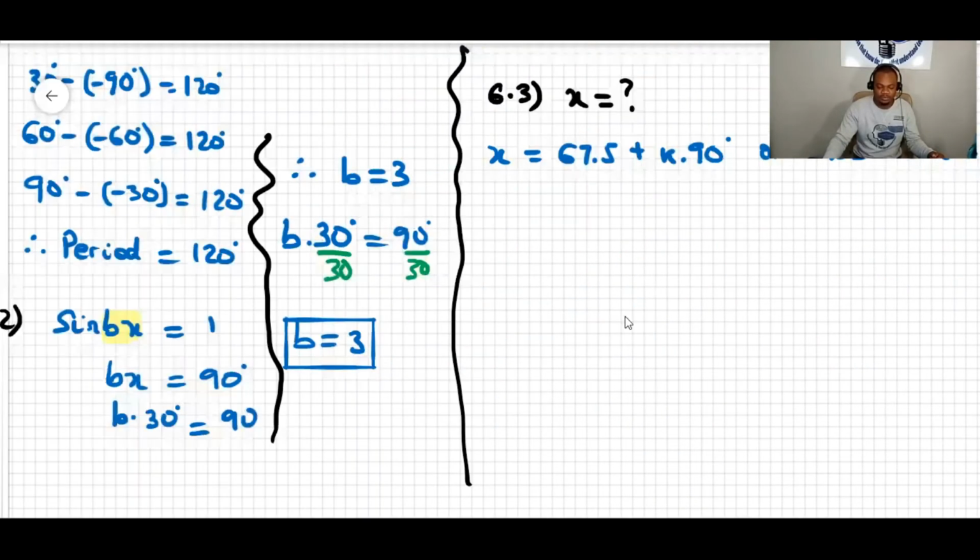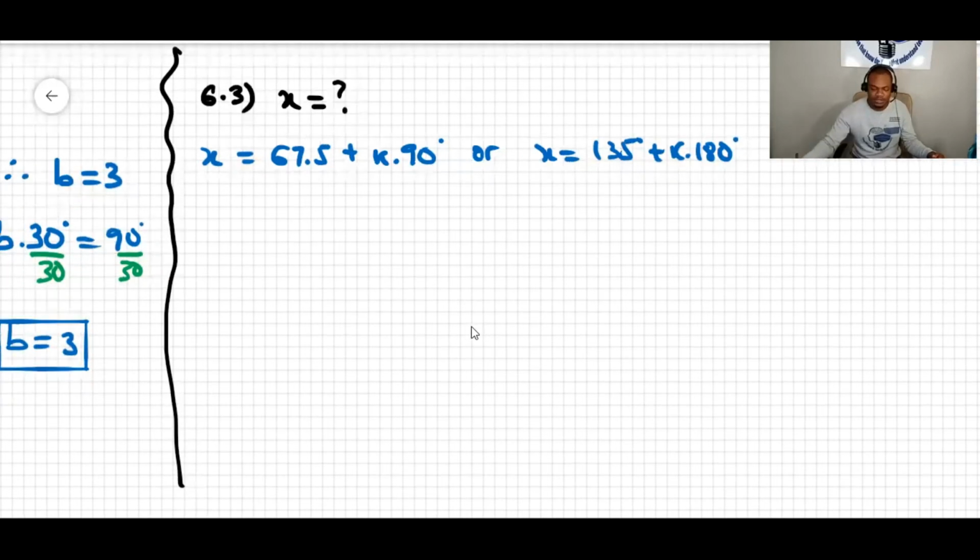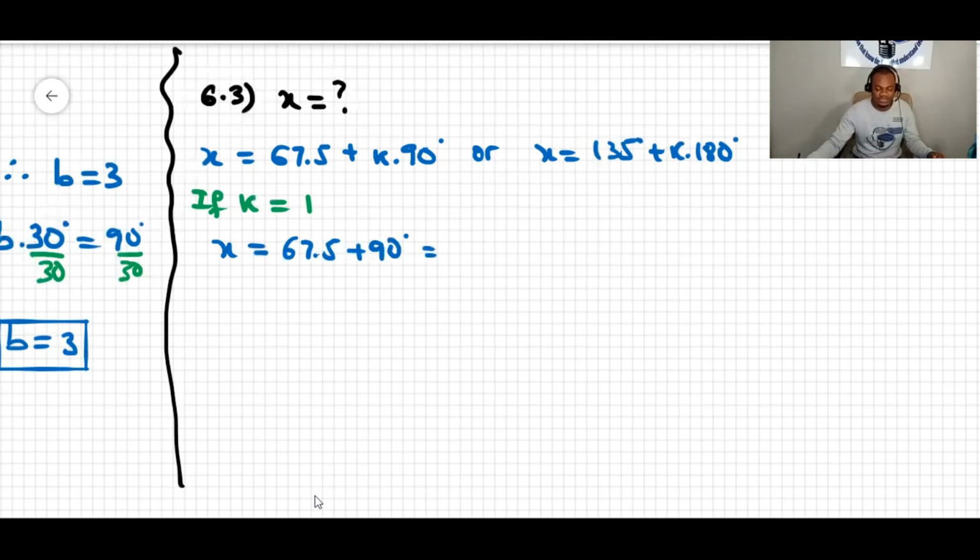We're going to look at the values of k and substitute some values for k. Let's say if k has the value of 1, then x is equal to 67.5 plus 90 degrees.